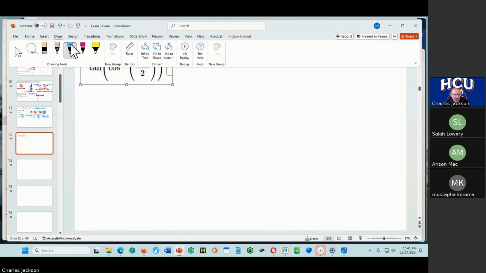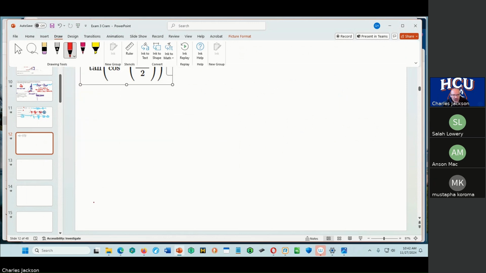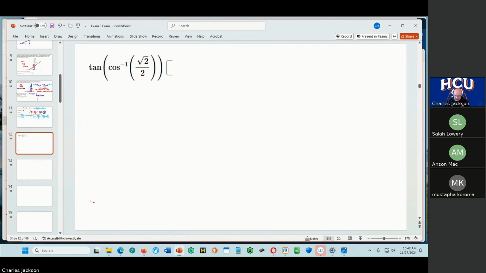Now, cos inverse of square root of 2 over 2 is the angle such that the cosine is square root of 2 over 2. The angle such that the cosine is square root of 2 over 2 is pi over 4. So all we have to do is find the tan of pi over 4.